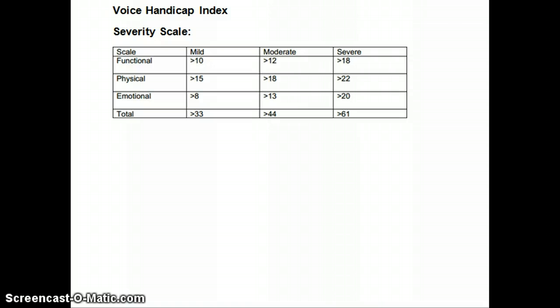For physical, more than 15 is mild, more than 18 is moderate, and more than 22 is severe. And for emotional, more than 8 is mild, more than 13 is moderate, and more than 20 is severe. They also have the total scores here, but we did not look at that for our subjects in this specific design.